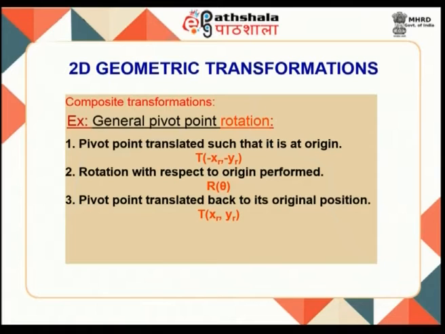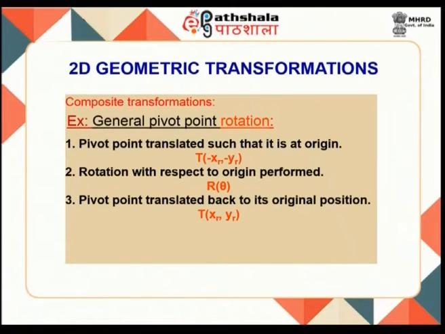Always we assume that rotations are positive unless explicitly mentioned, like clockwise rotations. So, all rotations are understood to be positive. Rotation with respect to the origin is then performed by an angle theta, that is R of theta, by the desired angle, and then again put it back at its original position, which is translation x r comma y r.